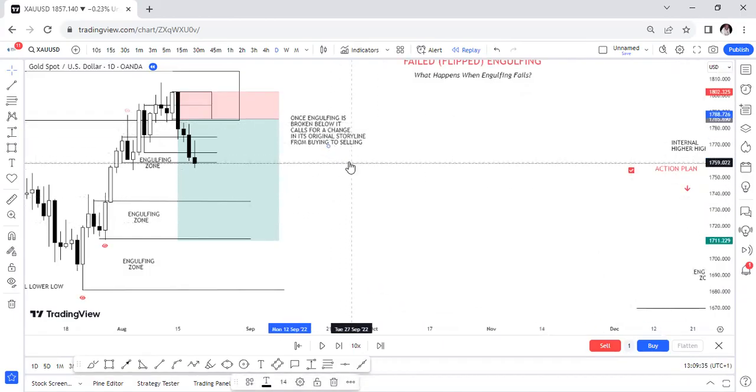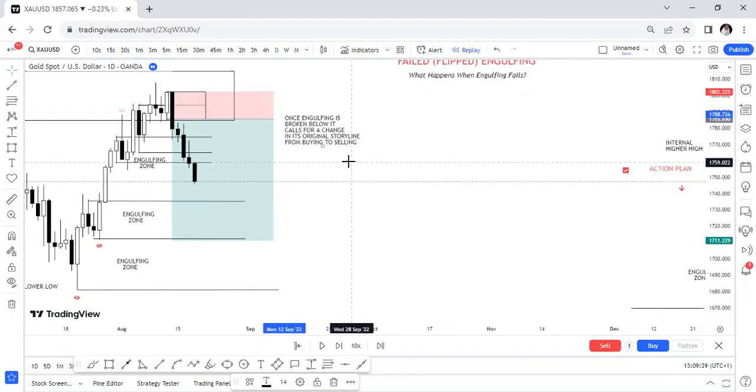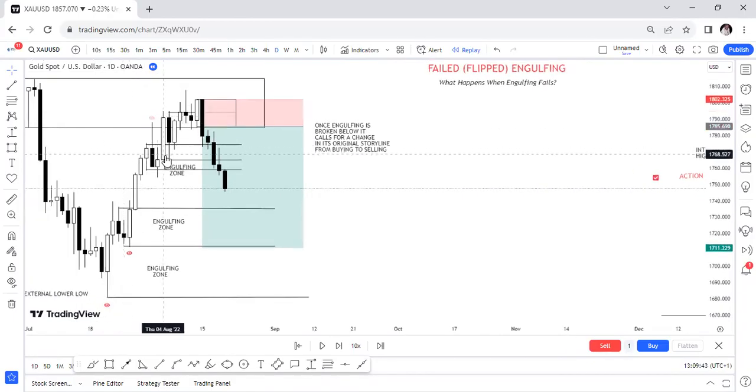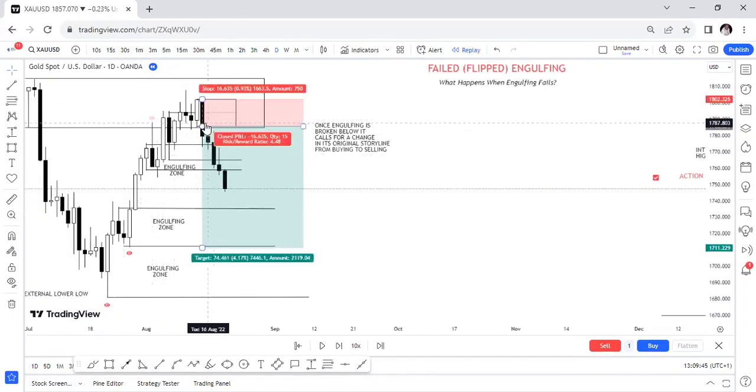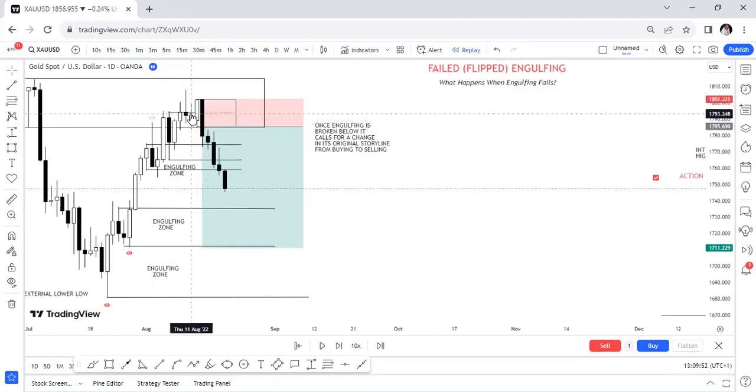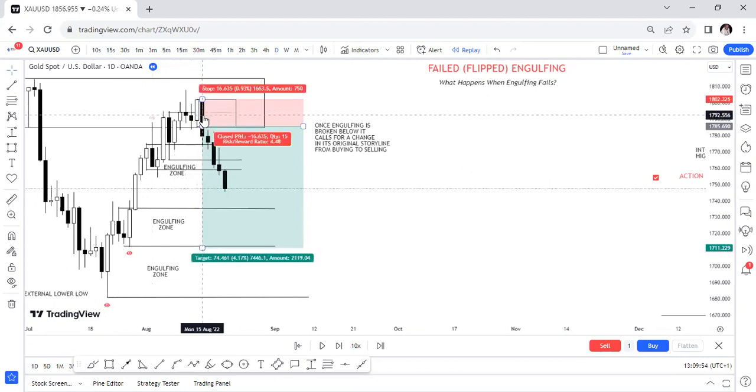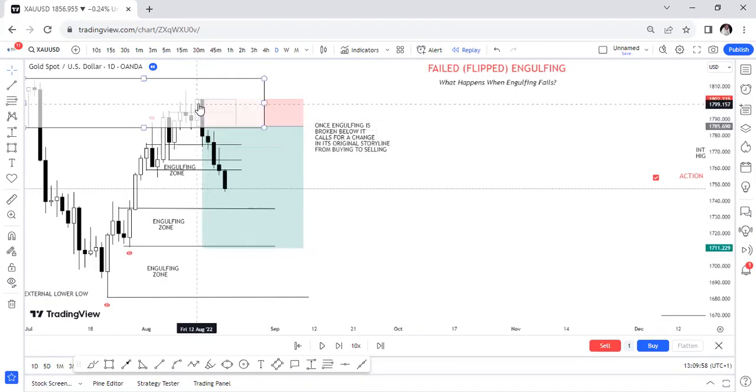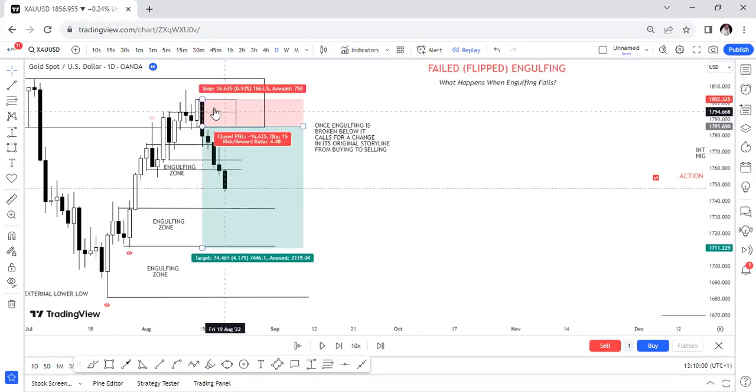Once an engulfing is broken below, it calls for a change in its original storyline. That means your confirmation for selling will start from here, because this place has been broken below. This is a bullish engulfing pattern, right? Instead of moving higher, it started coming downward, so this becomes a strong high.